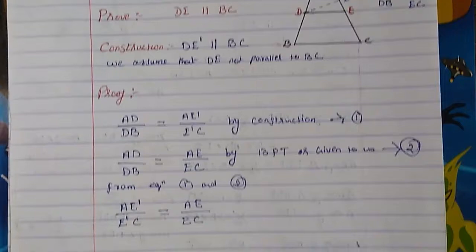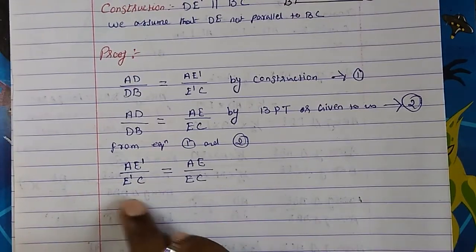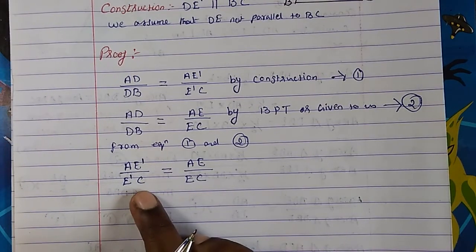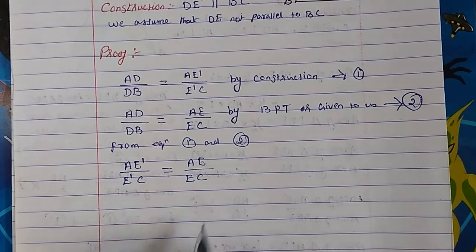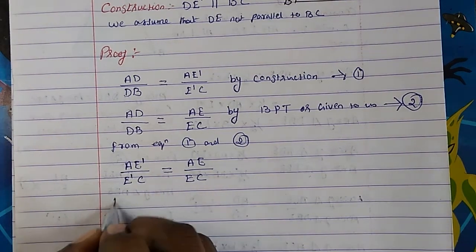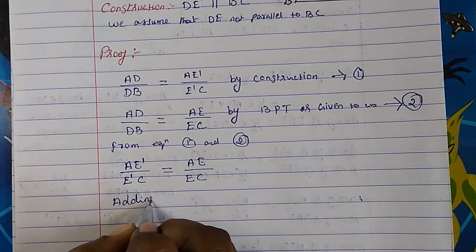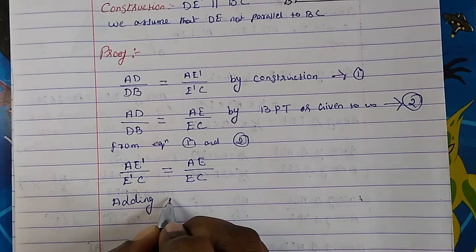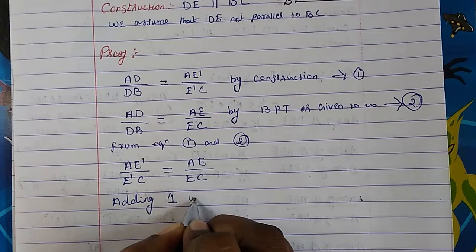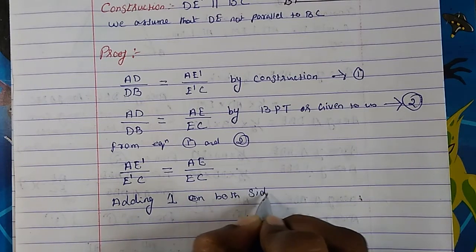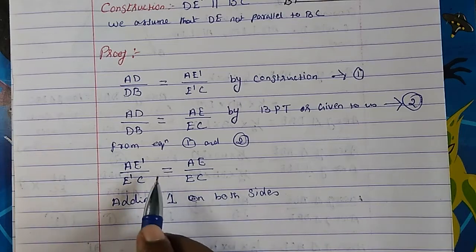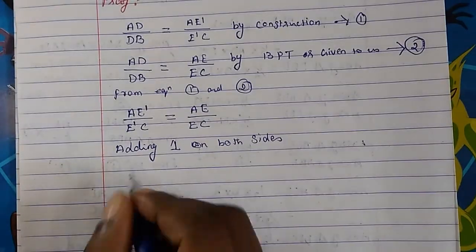Okay, these are equal. If these are equal, now let us add 1. Why we are adding that I'll tell you. Adding 1 on both sides. So we'll add 1 on both the sides.